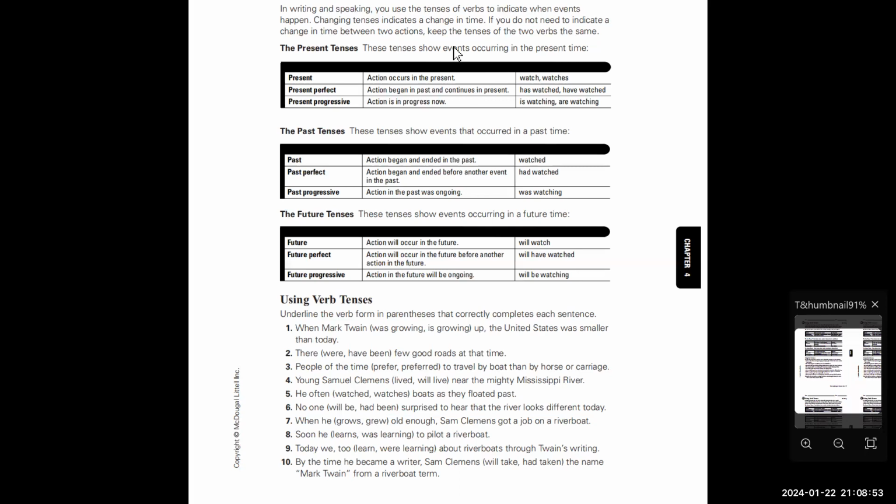When Mark Twain is growing up, the United States was smaller than today. What is your answer? You can tell me your reason later, after.